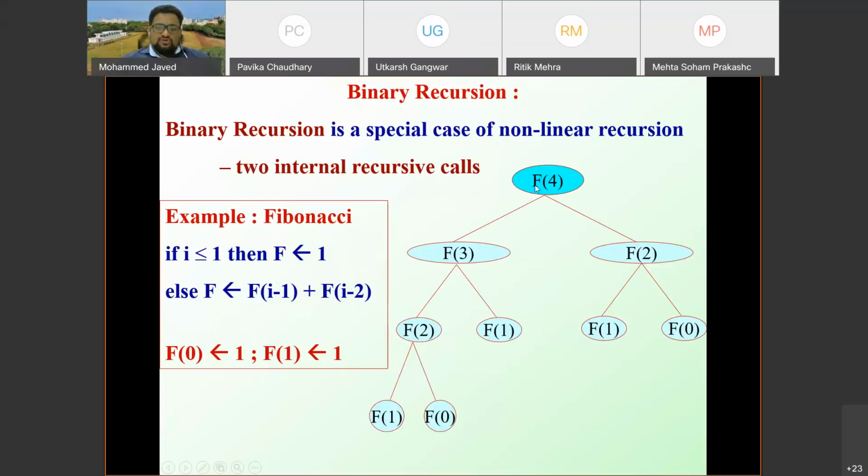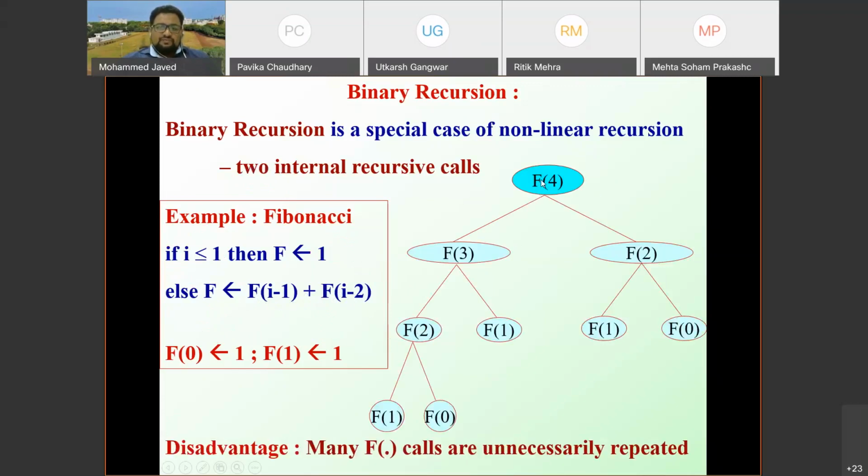The recursion tree would look like this. This is a pictorial representation of splitting f into f of I minus 1 plus f of I minus 2. For example, if you take Fibonacci of 4, f of 4 will be recursively split into f of 3 and f of 2.